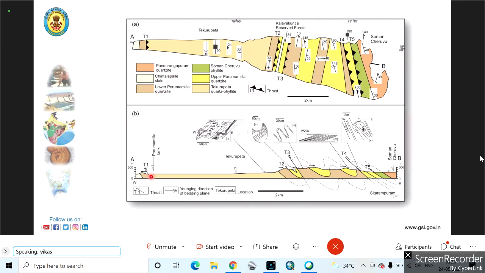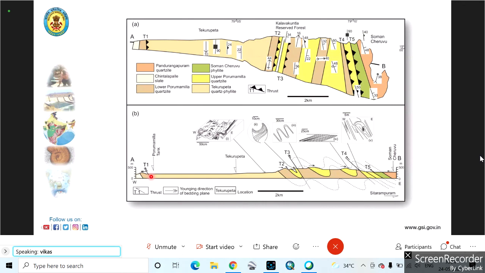But here, if we go from T1 along the dip direction, we should be getting younger beds. But the younging direction is showing that the western side has the younger beds, which are underlying this quartzite. So based upon that, we have identified that this is the overturned limb actually, and the normal limb is around the T2.